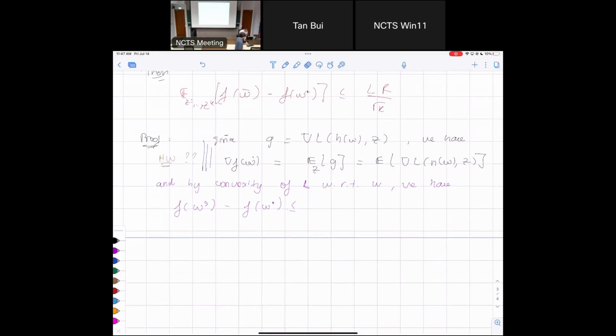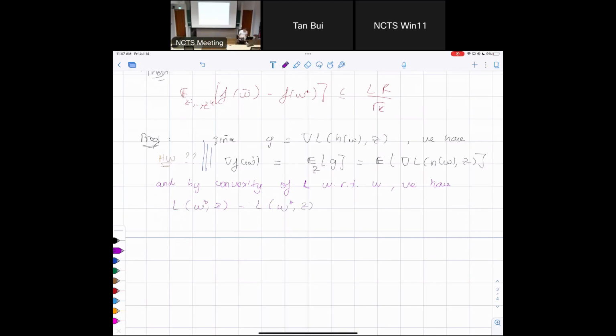Let's try. Okay. So the F, right? F(W). Actually, let me do this so that you can see a little bit better. So L of W_S, Z minus L of W star, Z. Right?